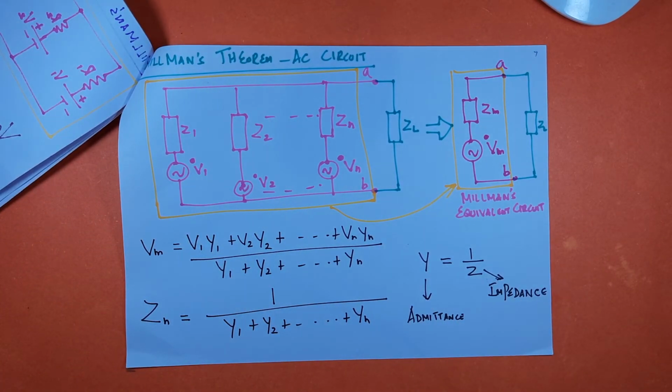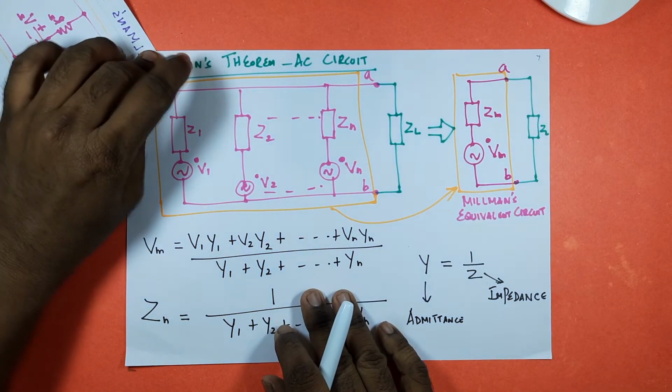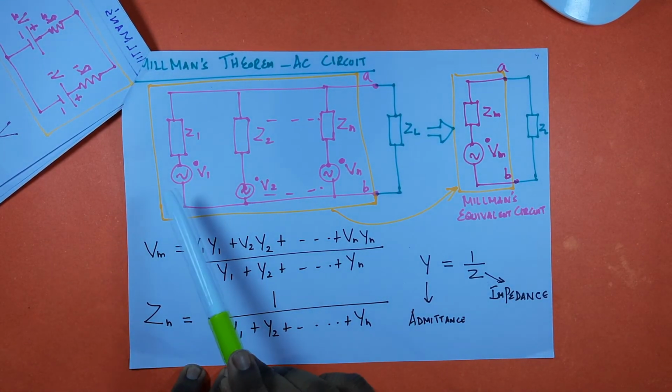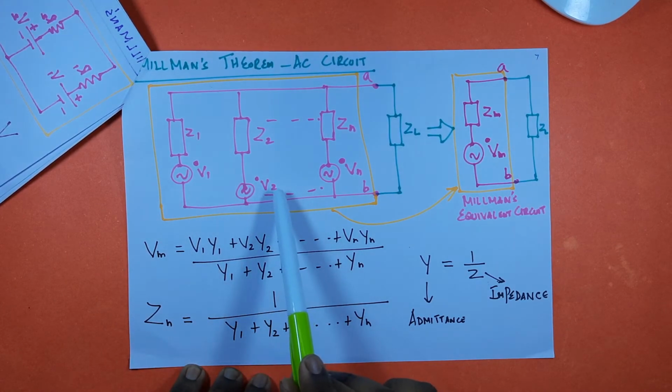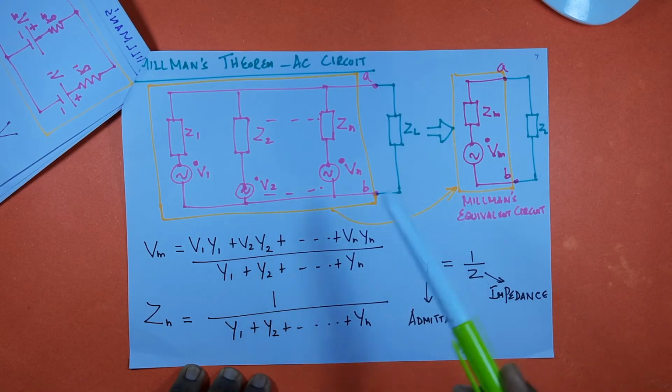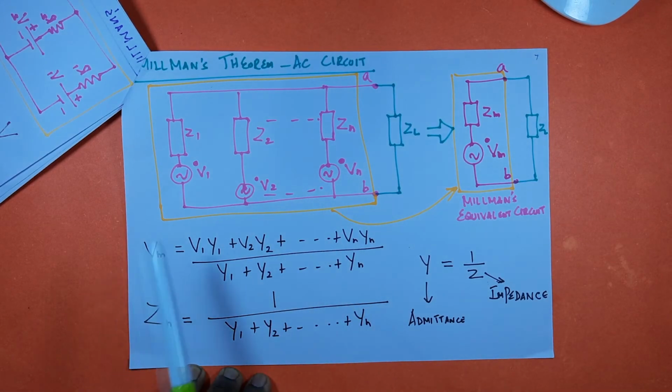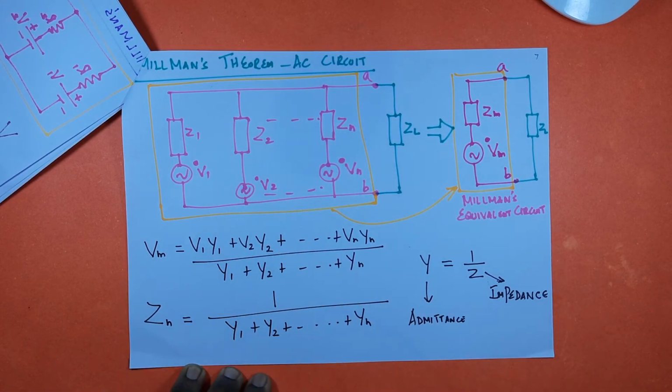And finally, we have Millman's theorem for AC circuit. It is the same, but the only thing is we are going to have AC sources, and instead of resistances, we will have impedances. We have AC voltage sources V1, V2, not only 3, it may be n number of sources, V1, V2, etc. up to Vn. So Z1, Z2, Z3, etc. up to Zn. ZL is the load impedance. These are all connected in parallel.